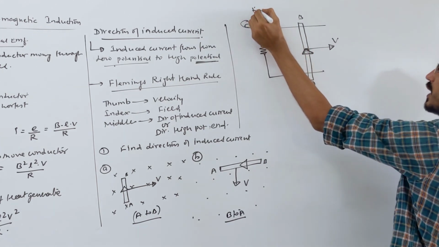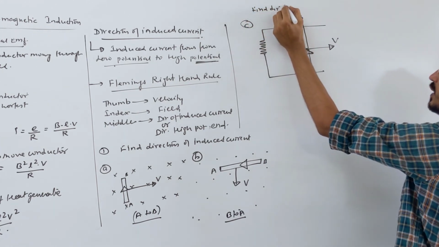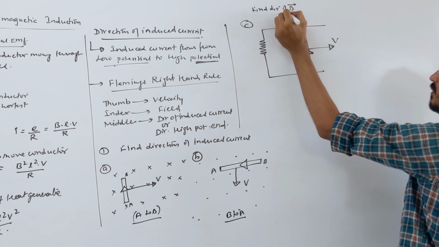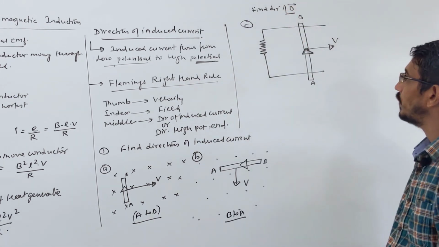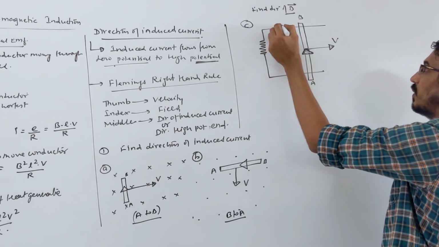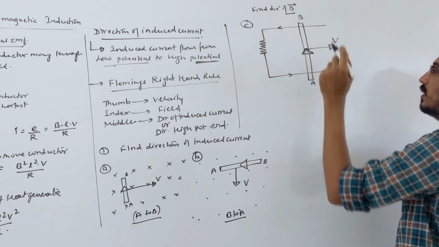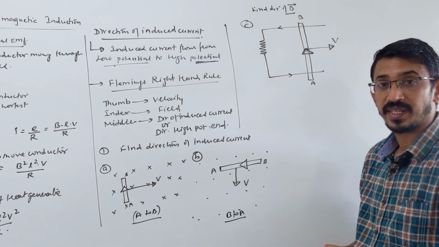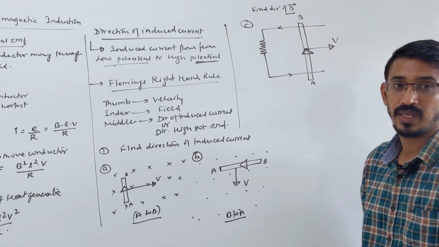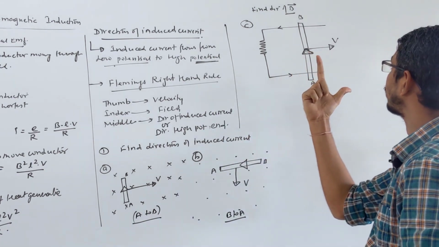So in this case they're asking to find the direction of the magnetic field B. What is given to you? The direction of current flow and the velocity direction. So we have to find the direction of the field. Let's see, velocity.